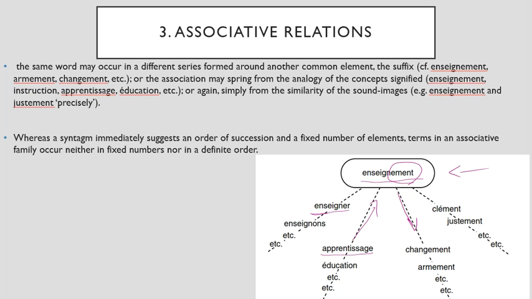Whereas a syntagm immediately suggests an order of succession, and this is what I meant by structure, an order of succession. So you go in a line and you have a succession. They don't just come without any order. Words in a syntagm are consecutive, have an order.